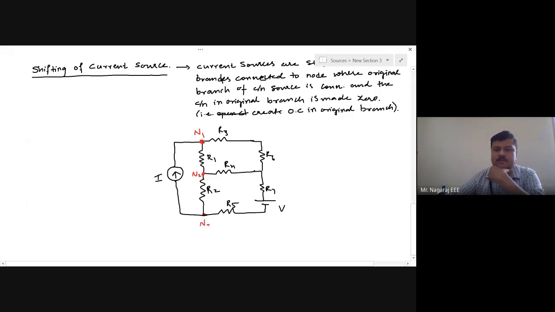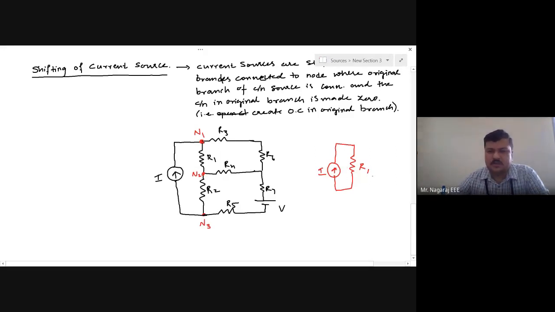Now the current source is not in parallel to either R1 or R2 alone. It is in parallel with the combination of R1 and R2 such that between them there is a node. If a current source were in parallel to a particular resistance R1, is there any difficulty in converting this?